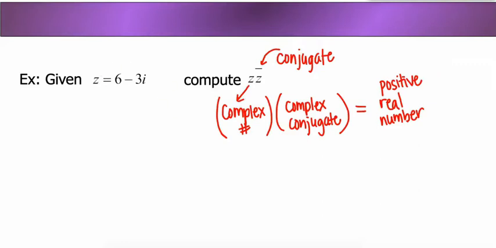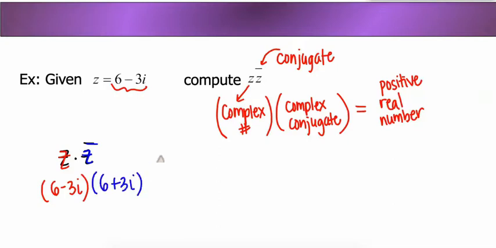So let's try this. We have z times z conjugate. Well, z is this complex number right here, 6 minus 3i, and z conjugate is going to be 6 plus 3i.